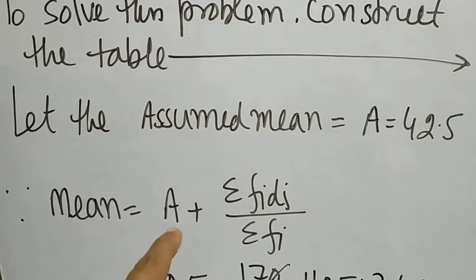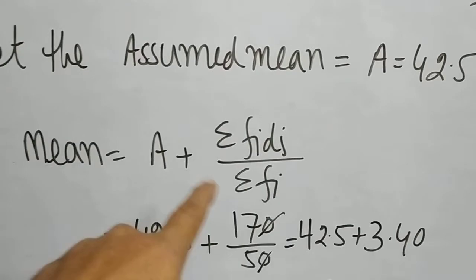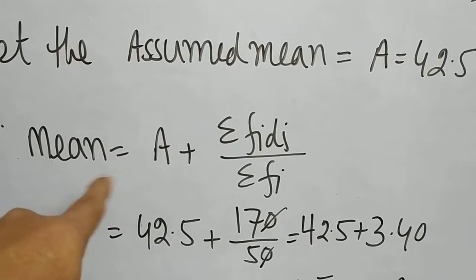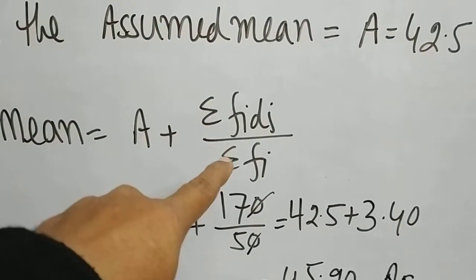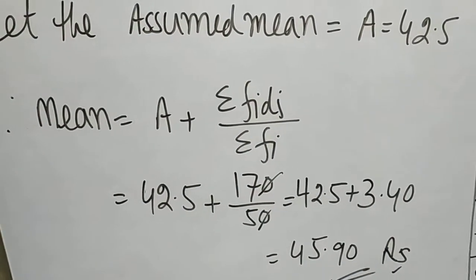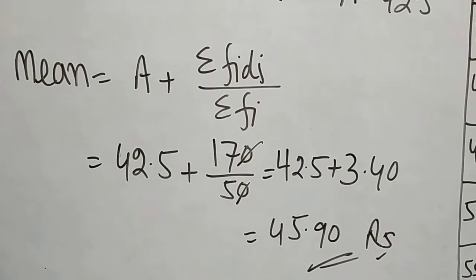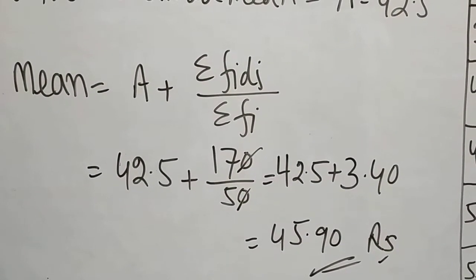You have to calculate the A, sigma FiDi and sigma Fi from this table, put the values and get the answer. So remember this formula.